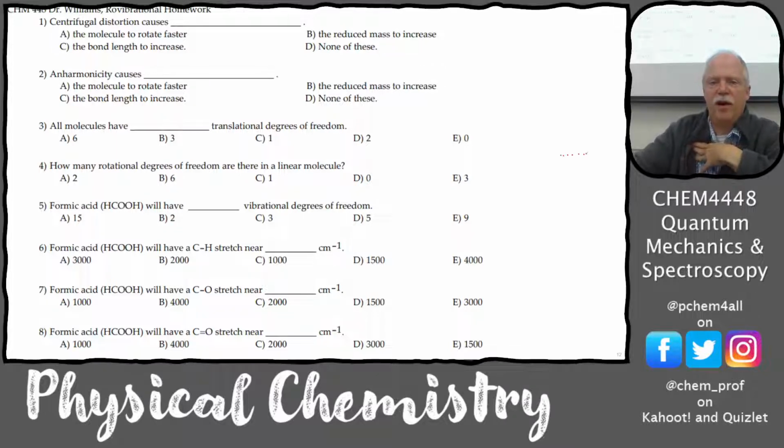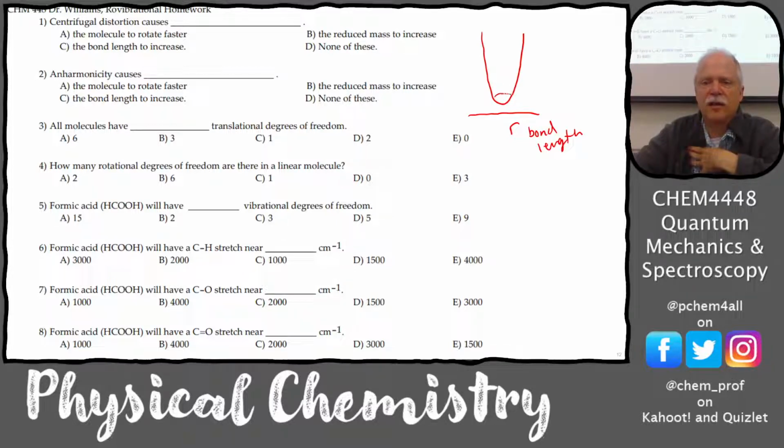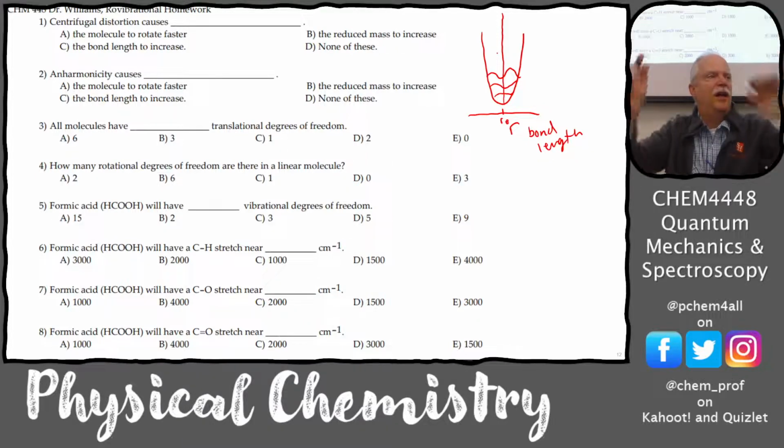Remember, if we have a harmonic oscillator, we have this parabola that's a function of R, which is distance, or bond length. Since it's symmetric, no matter where the molecule is in its wave functions, notice this R_e, the equilibrium bond length, is the same straight up, because it's centered in that harmonic oscillator.